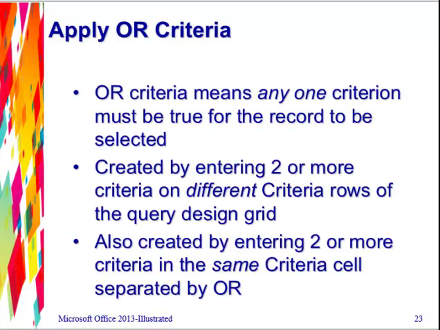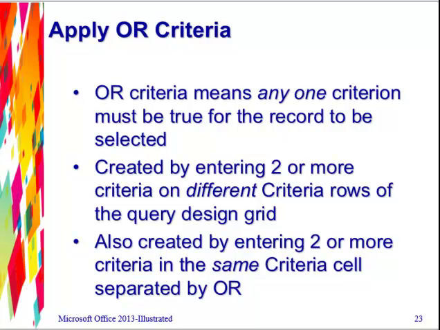Now we're going to take a look at the OR criteria. We already talked about that. We already demonstrated that in the database. OR criteria means that any one criterion must be true for the record to be selected. Creating and entering two or more criteria on different criteria rows in the query grid can be done. It's also created by entering two or more criteria in the same criteria cell, separated by OR.